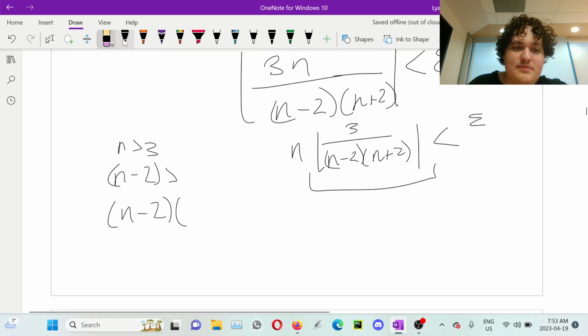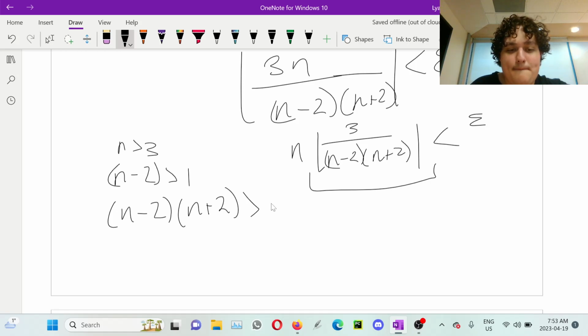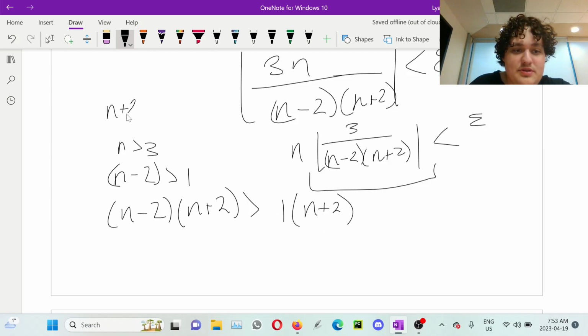Then we have this bigger than 1. So then we have n minus 2 times n plus 2 is bigger than 1 times n plus 2. But we also know by this thing that n plus 2 is bigger than 5.